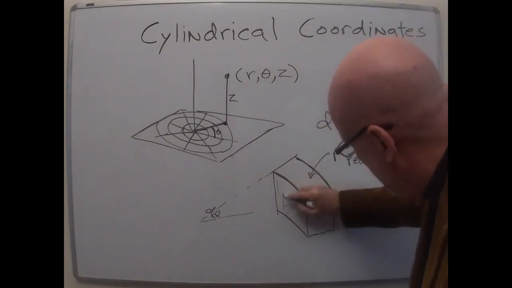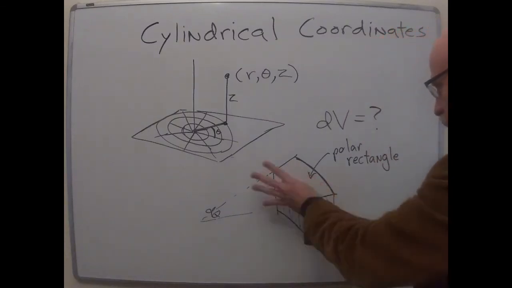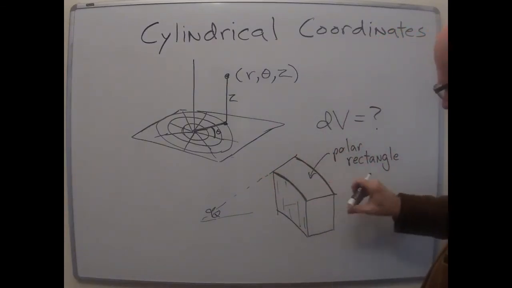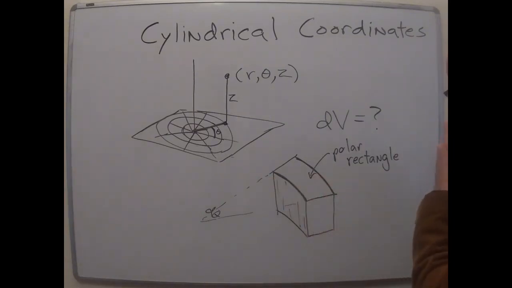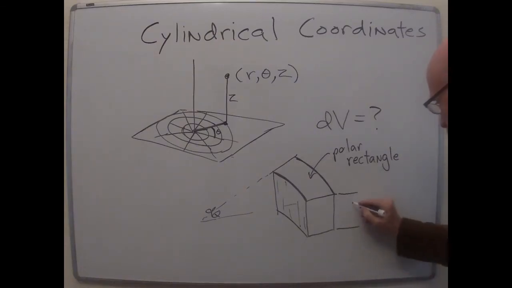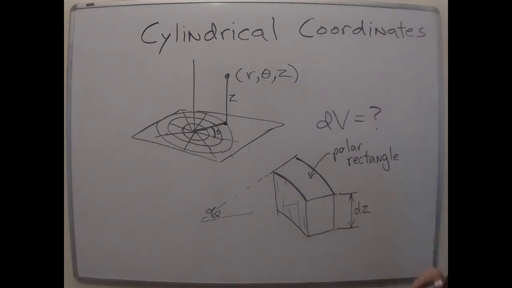This surface in here is curved, right? The back surface is curved as well, but this one's flat. Anyway, I hope you get the idea. This is a polar rectangle times a dz height change.